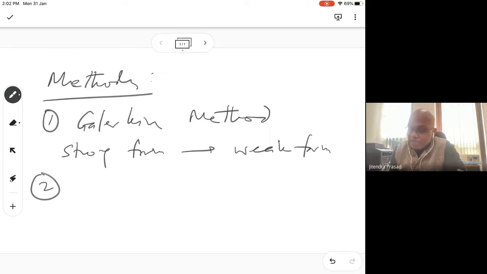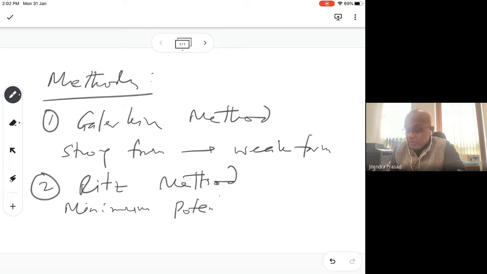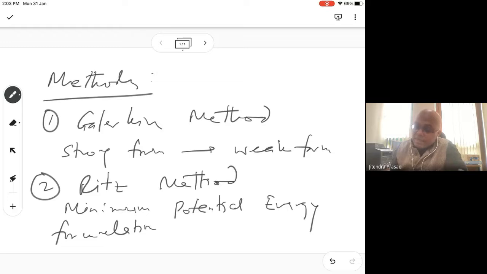And number two, Ritz method, in which you have the minimum potential energy formulation. And basically you have seen that both are the same.